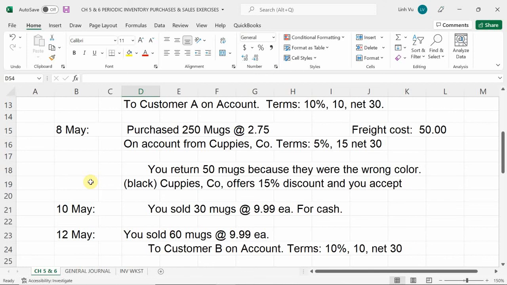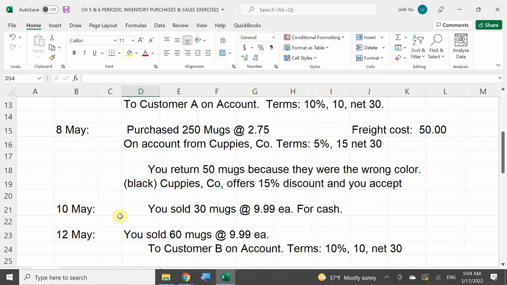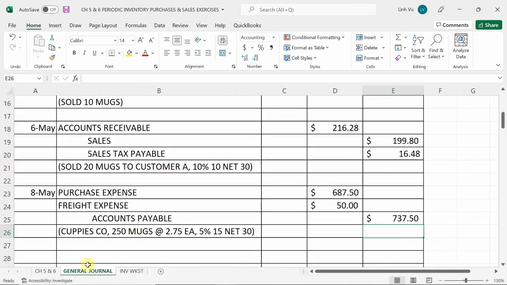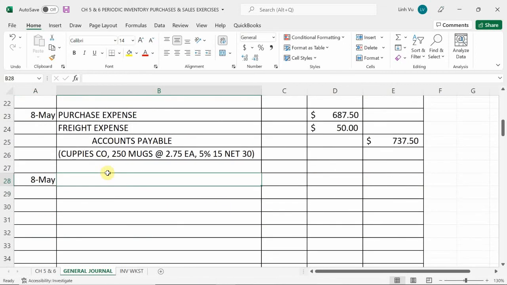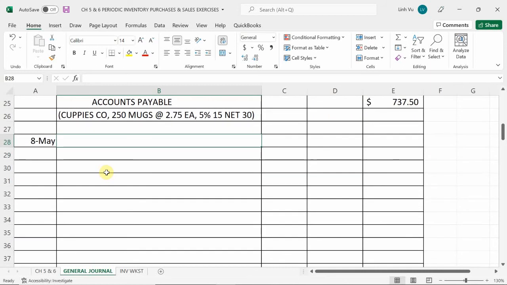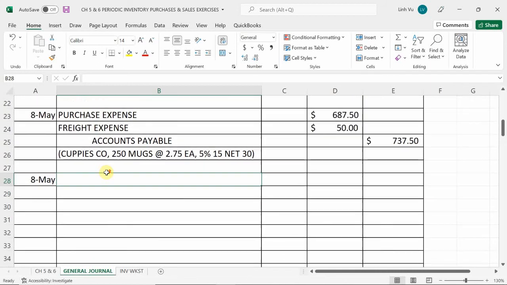Okay? So how do I calculate this allowance? Not cash.